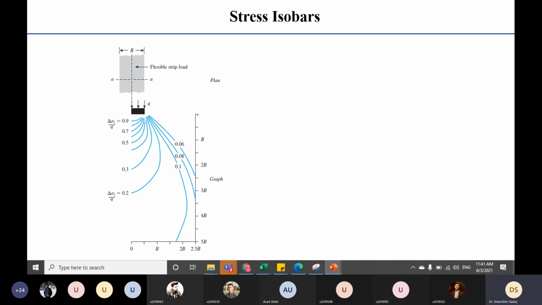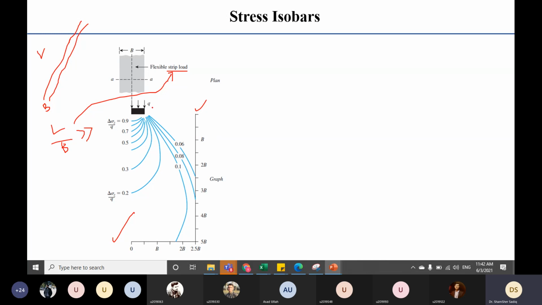Again, for rectangular area you have the y-axis, you have the x-axis. And this is for strip loading. Strip loading is when, out of plane, for example, there is a very long wall, like the walls of your houses, which has a huge length and very small width B. So you can imagine that the L by B ratio is very, very high. That's why we call that a strip footing or strip loading.